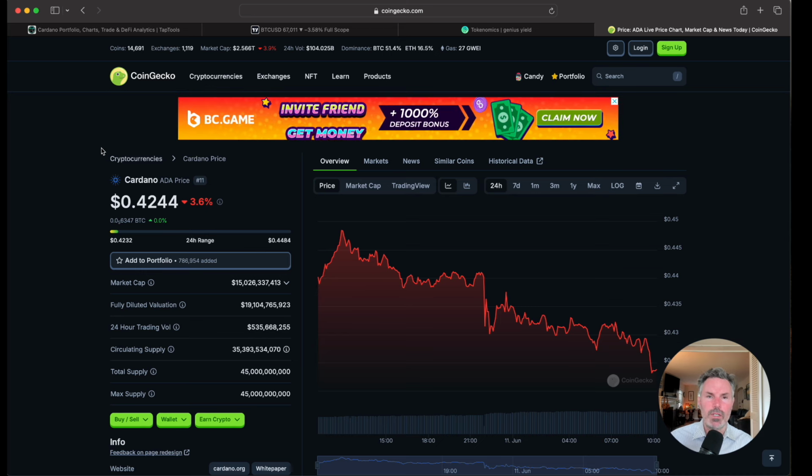It's blazing trails everywhere. I'm seeing other projects now implement the Ouroboros system, okay? The EUTXO model, Apex Fusion is one of them. Cardano is an incredible, fundamentally powerful ecosystem.